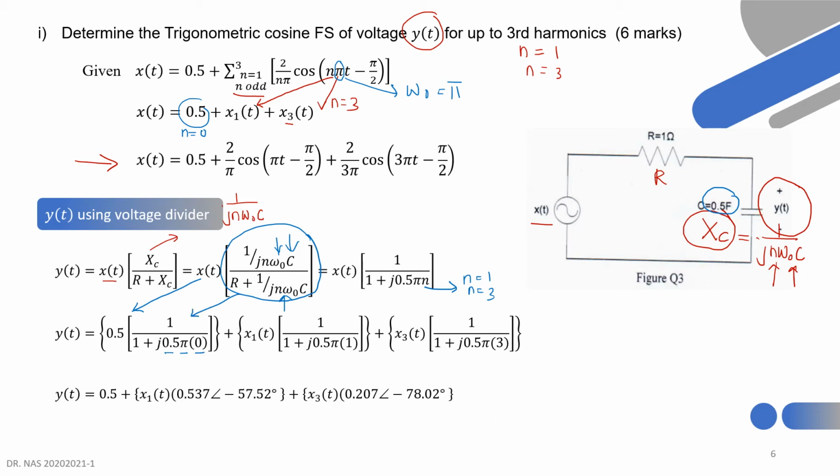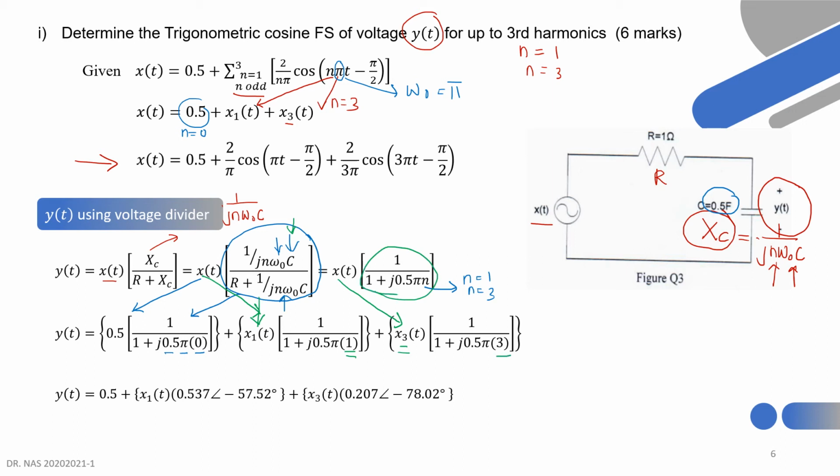Next, when n equals 1, so x1 multiplied with this equation when n equals 1. Move on to the next harmonic, when n equals 3: now it is x3 multiplied with the component when n is 3.